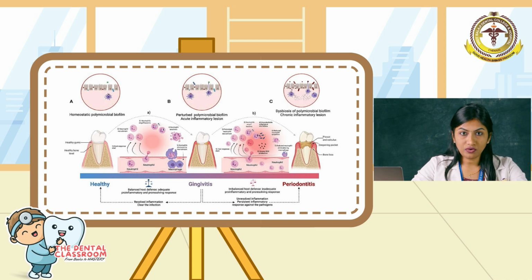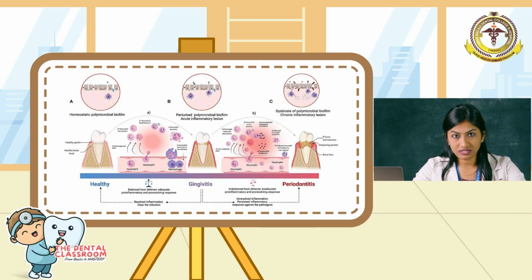So if this acute inflammatory lesion goes to the dysbiotic stage, where dysbiosis means incorporation of various pathogenic microorganisms, mainly the gram-negative anaerobes, obligate anaerobes, and red complex organisms, it is going to trigger the hyperinflammatory response. If this dysbiotic condition comes into the oral cavity, then it leads to an imbalanced host defense mechanism.